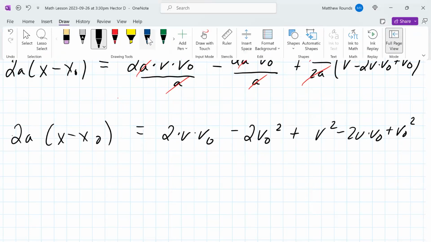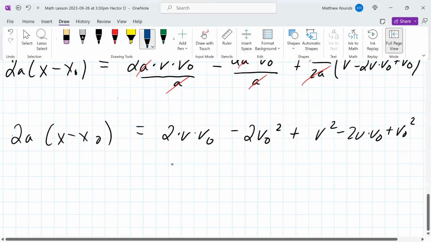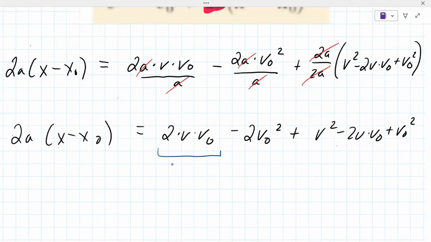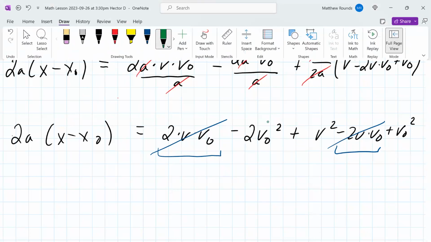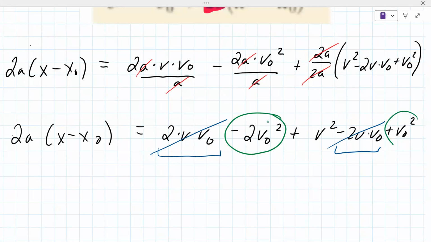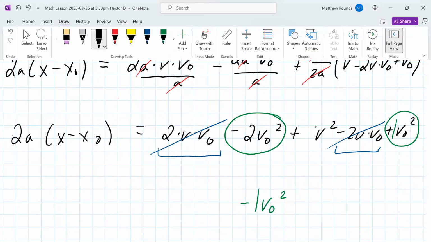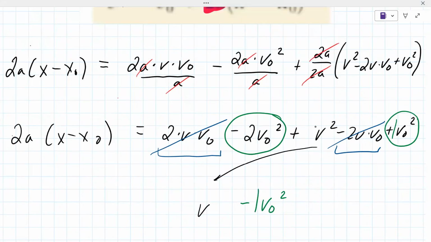You have a ton of like terms here. 2v v0 minus 2 times v v0, those cancel. You have minus 2v0 squared and plus 1v0 squared, that becomes minus 1v0 squared. Then you bring this one down to get a v squared in front, just for the preferred look of it.